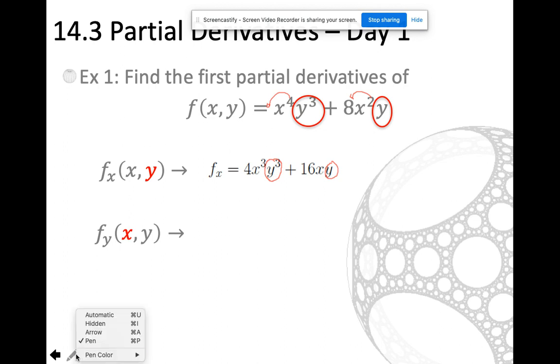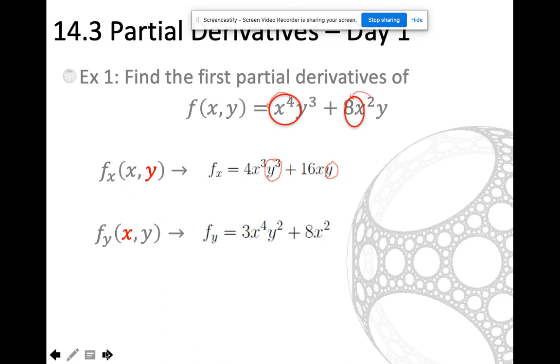But now hold x constant. So partial y, the derivative of f with respect to y, means hold x constant. Well, my circles didn't move all that well. So what does that mean? X to the 4th is a constant. Pretend it is 16. Pretend x squared is 4. So how do I take the derivative of y cubed?